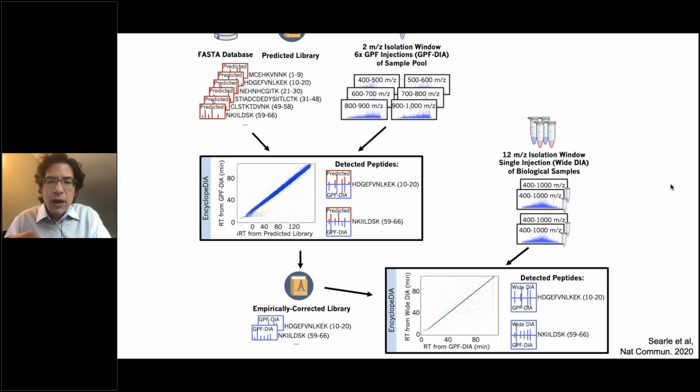So the retention times are now extremely accurate, to about 20 seconds on a 100-minute gradient, versus accurate to 5 minutes on a 100-minute gradient. This becomes a way to use gas phase fractionated DIA methods to refine a predicted library and make it more useful and tuned specifically for your instrument.